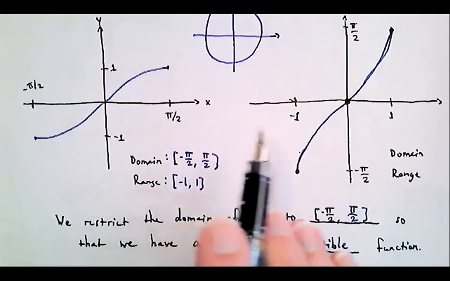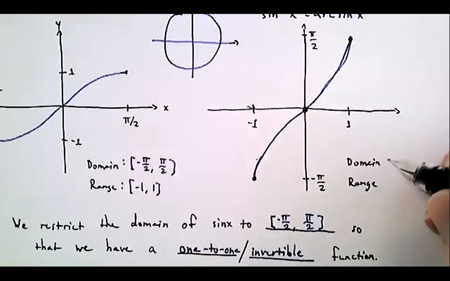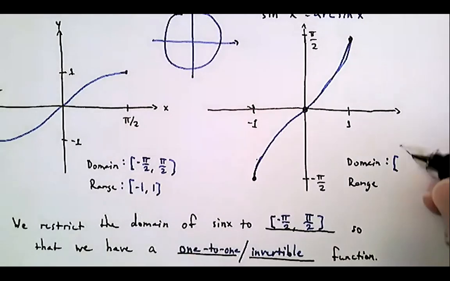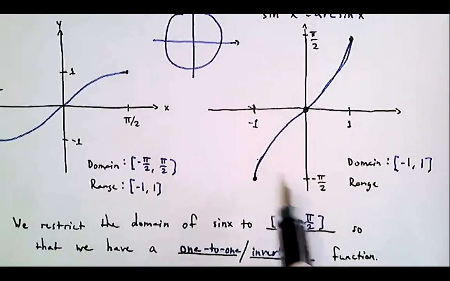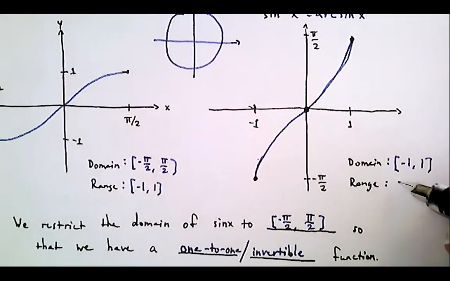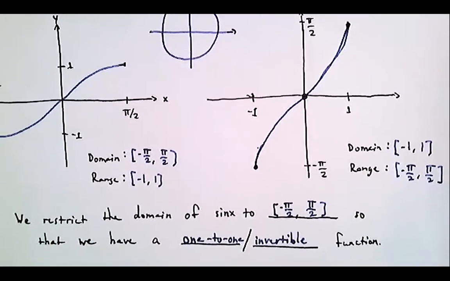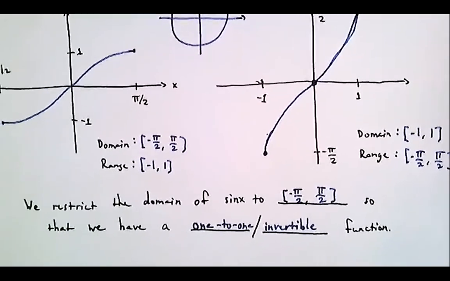And then the arc sine, the inverse function, is going to swap those. The values that we can plug in are between minus 1 and 1. And the values that come out, the possible angles that come out, are between minus pi over 2 and pi over 2. That's going to be important a bit later when we try to plug in numbers into arc sine.